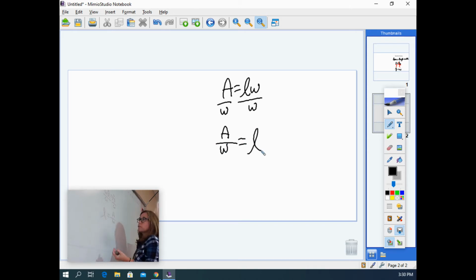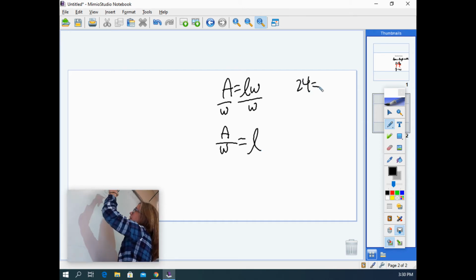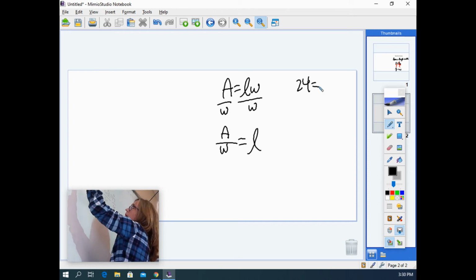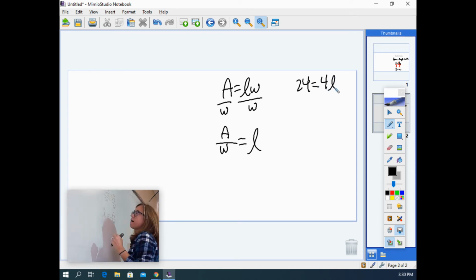If I told you in a word problem or in some scenario that the area was 24 and the width was 4, you have to solve for length. Instead of plugging those numbers into the original equation, you would do something like this, and then divide both sides by 4 and do a little math.